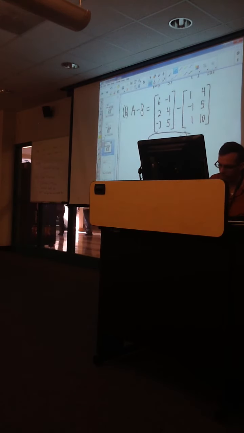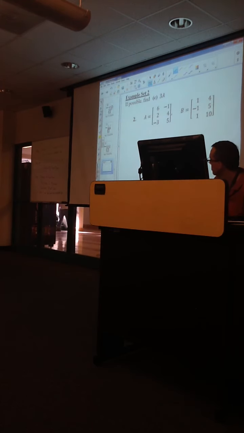And if I needed to do 3 times matrix A, notice that if I'm just finding 3 times matrix A, I'm only working with this matrix because they don't tell me to do anything with matrix B in this part, right? In part C, I'm just finding 3 times matrix A. So that would just be 3 times the matrix 6, negative 1, 2, 4, negative 3, 5.